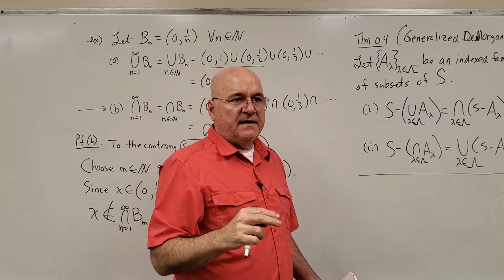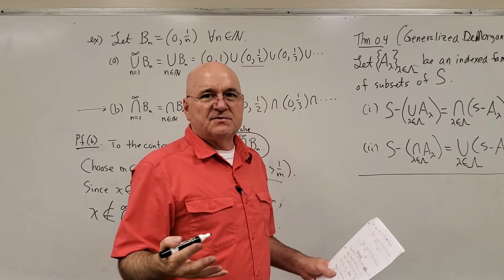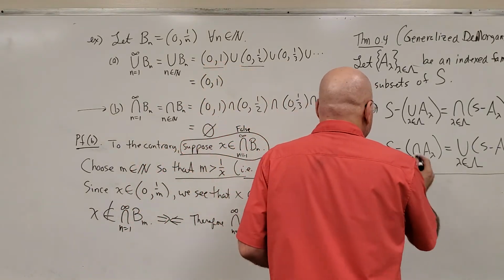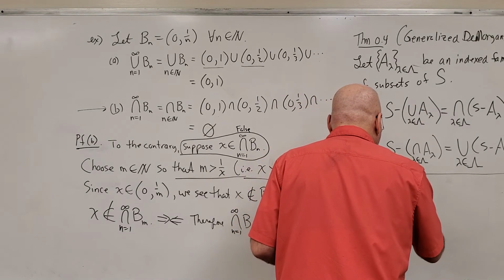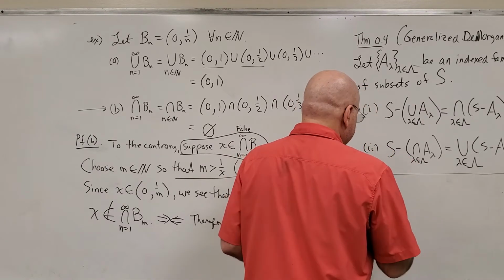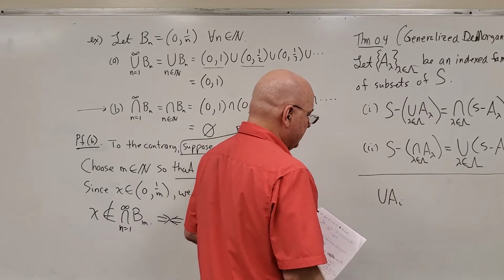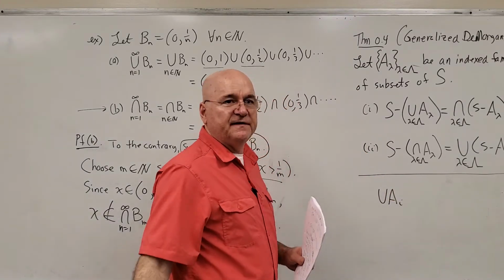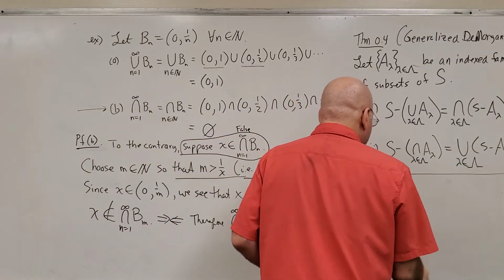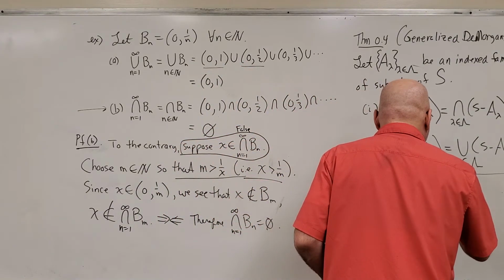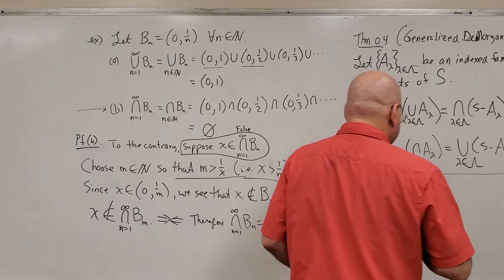So in De Morgan's law, our S is really the universal set. The old De Morgan's law would say something like the union of the A_i's. I'm just going to use i for the index, and maybe i goes from 1 to infinity. If you take the complement of that, you get the intersection of the complements.